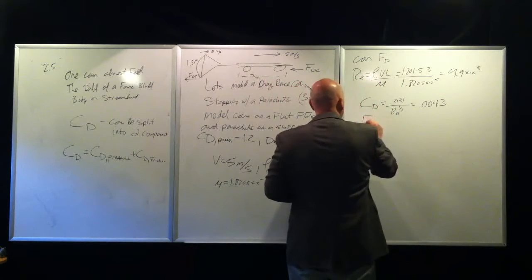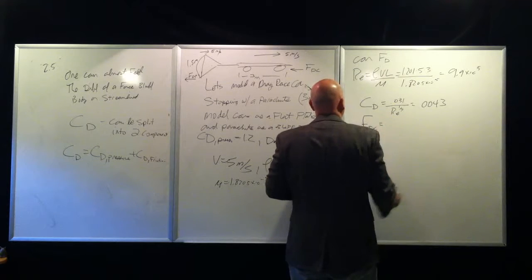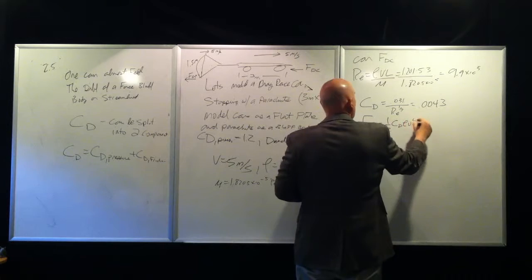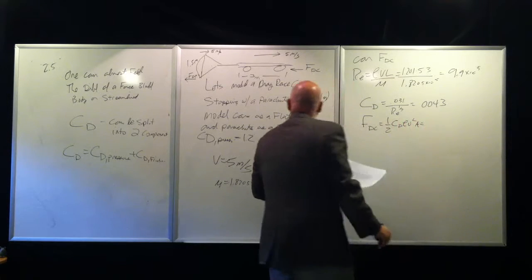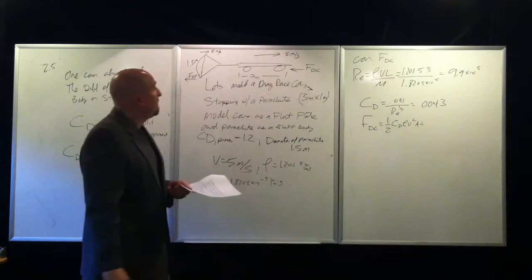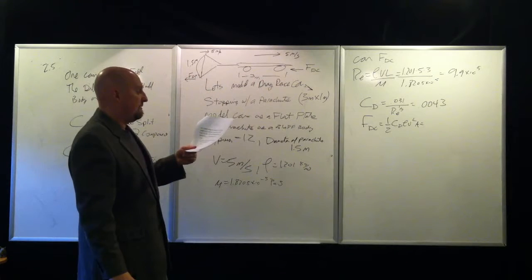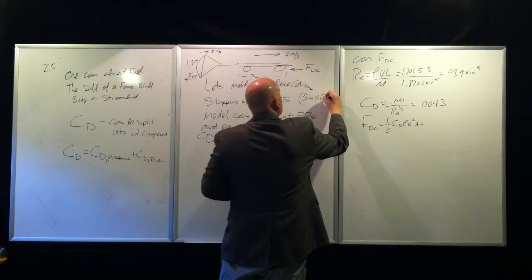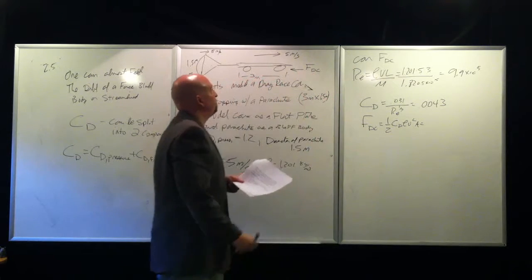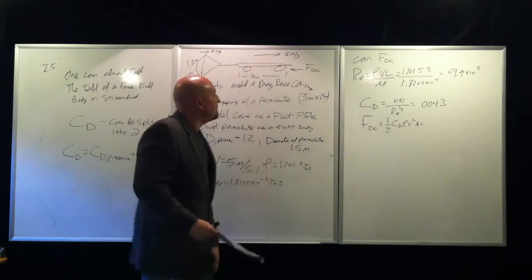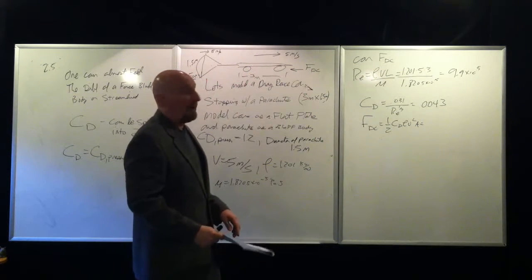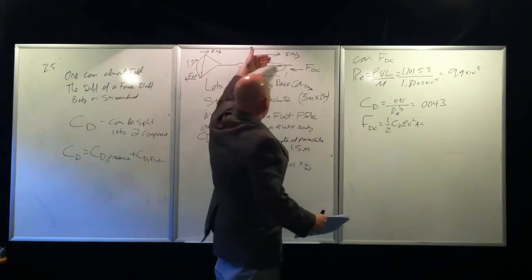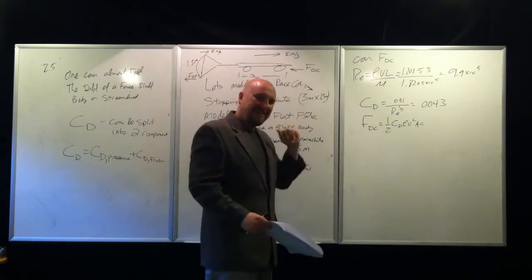Alright, the force of drag on the car is therefore 1/2 the coefficient of drag, rho v squared A. Now, we're making our flat plate assumption. The car is 1.5 meters wide, so the area of the top surface is going to be 4.5, but we also have a bottom surface. We want to include that, so you have a force of drag on the top and the bottom, but we'll just combine that as a double area.